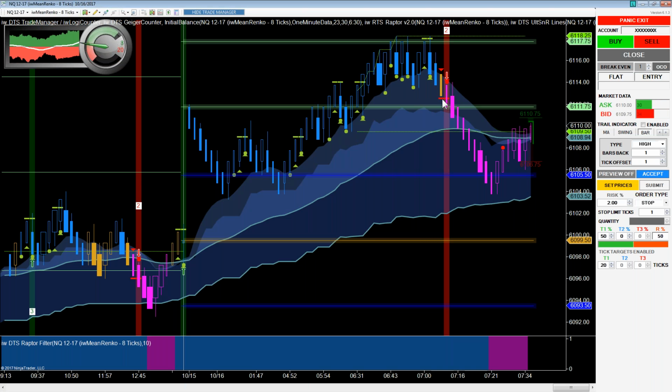So as far as the price activity, we have a viable short. Even if this number 2 did not print the prompt, I would still have considered that a valid number 2 signal, a valid counter trend signal.